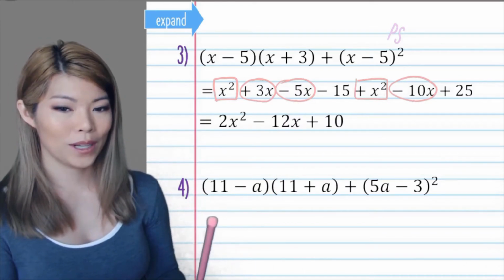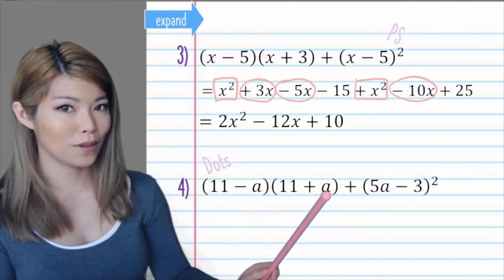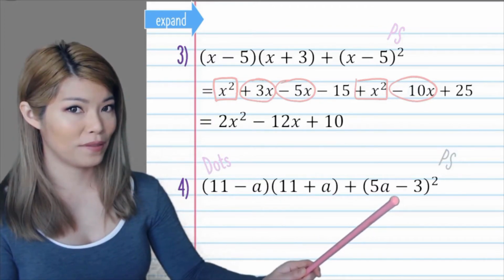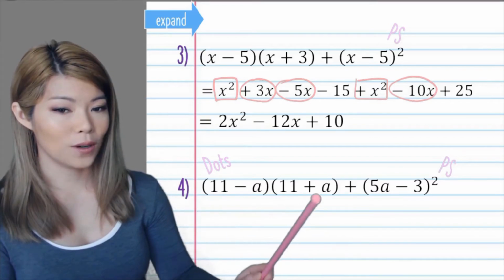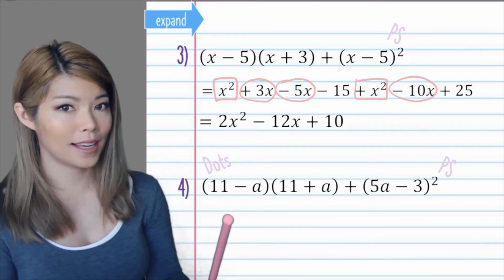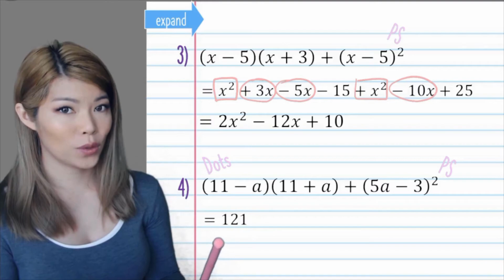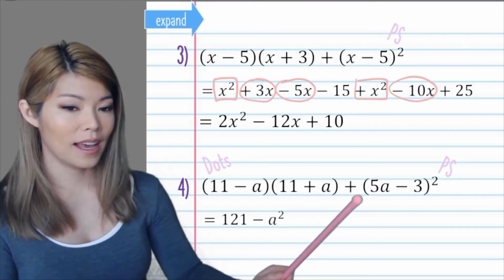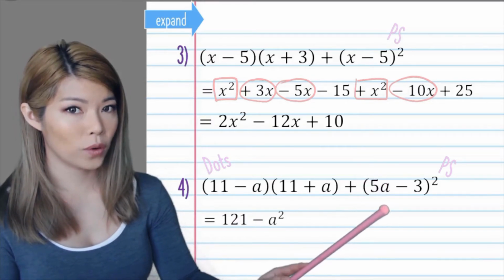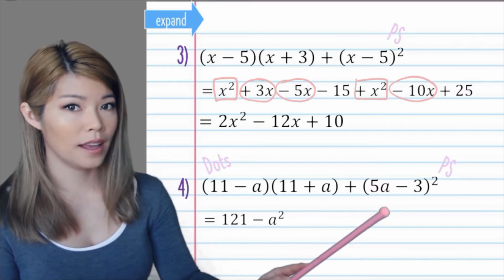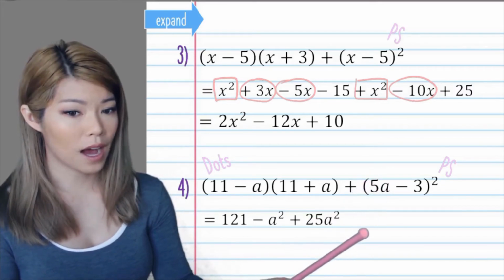So for this question, we notice that there are difference of two squares and perfect squares. So for this side, we have 11 squared minus a squared, which is 121 minus a squared. And for that side, we have the first term squared, which is 5a squared. 5a squared is 25a squared.